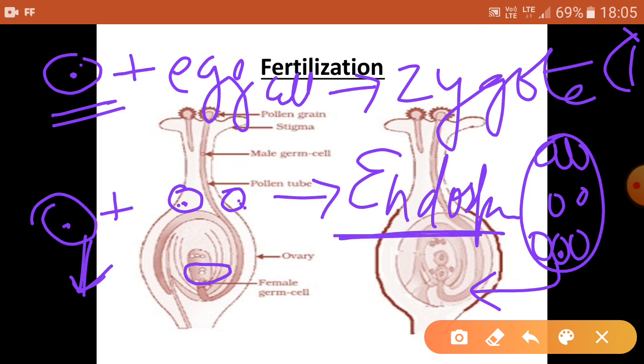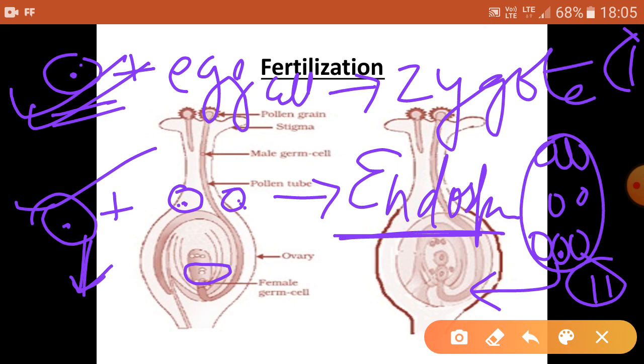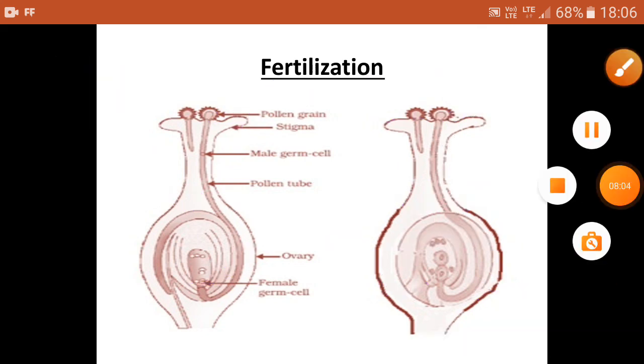The outcome is endosperm. So, this is equation number 2. Now we know there are 2 processes involved in fertilization. The first process was syngamy, out of which the zygote is formed, and the second is triple fusion, out of which the outcome is endosperm. This is called double fertilization. Thank you very much.